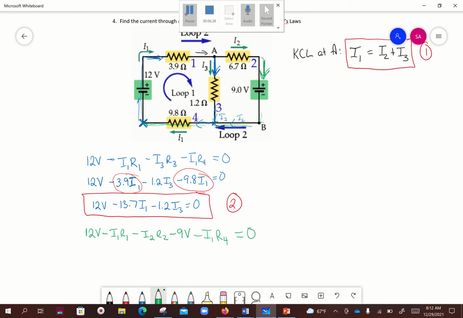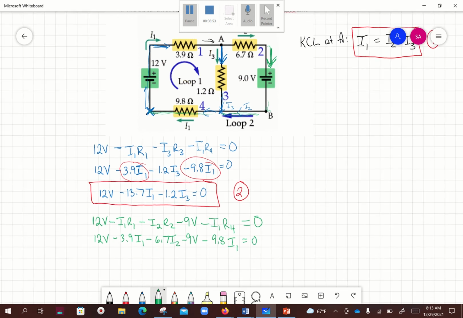All right, so let's now plug in our numbers for the resistances. So minus 3.9 is R1, I1. Minus 6.7 is R2 times I2. Minus 9 volts, minus 9.8 times I1 equals 0.